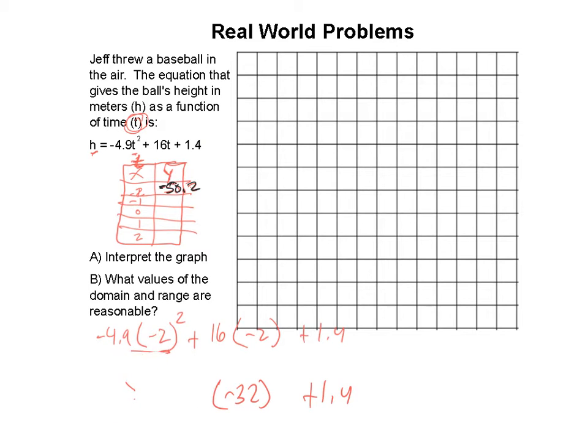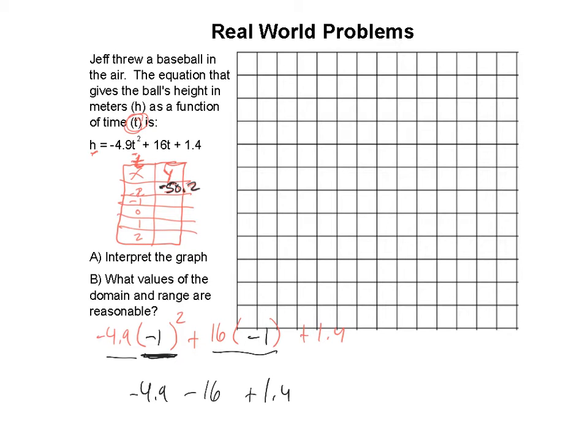All right, let's do the same thing for negative 1. So I'm going to erase all this. I'm going to erase what's in the parentheses here, if it'll let me. There it goes. Okay, and let's replace all those spots now, those t's, or our x's, with negative 1 this time, because there's two spots where there are t's, okay? Negative 1 squared is positive 1 times 4.9 would give us negative 4.9 still, right? 16 times negative 1 would be negative 16, right?